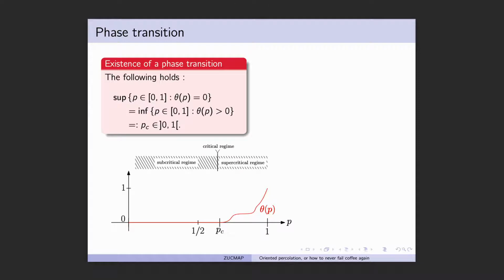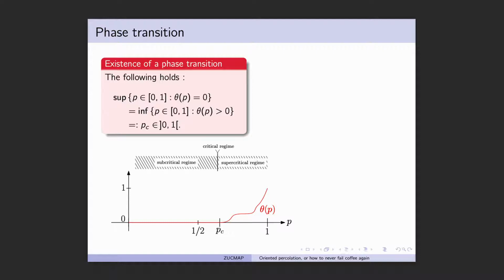We have the critical value p_c, below which theta of p is always 0, so we always fail at making coffee, right? It never is able to filter through from 0. On the other hand, above p_c, it's the realm of what we call the supercritical regime. Then we have this function theta of p, which is strictly positive and increasing.